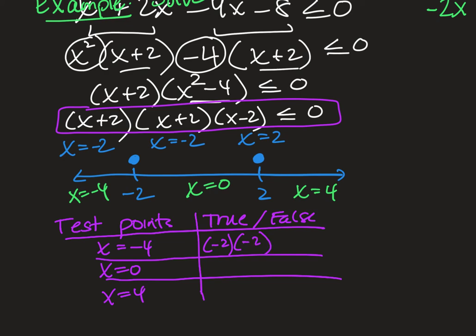And -4 minus 2, I get a -6. My question is, is this less than or equal to 0? That's what we're trying to figure out for us to say yes or no. So I'm not even multiplying out the numbers. I'm just looking at the sign. And this is going to come out to be a negative, which is less than 0. So this is a yes, or a true. So this region right here is a good one.